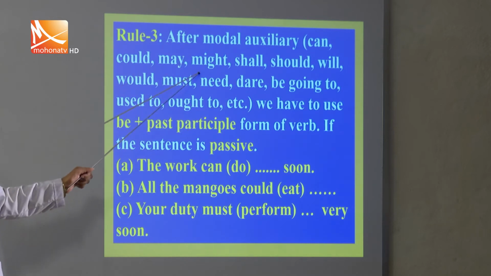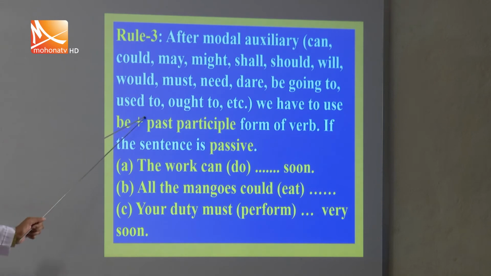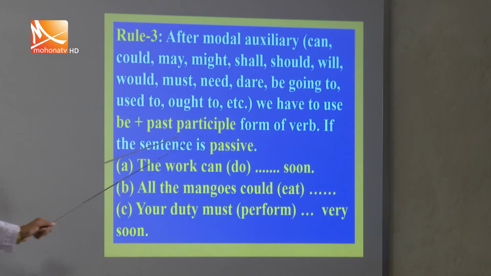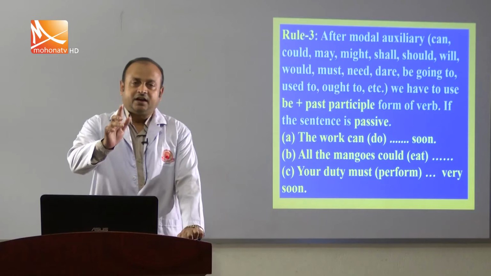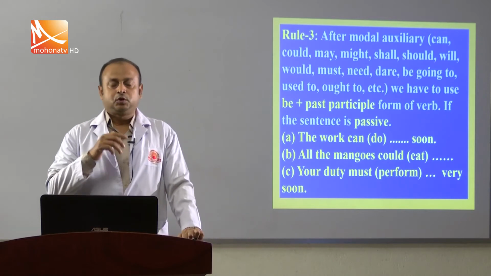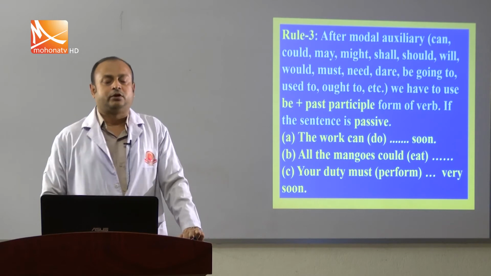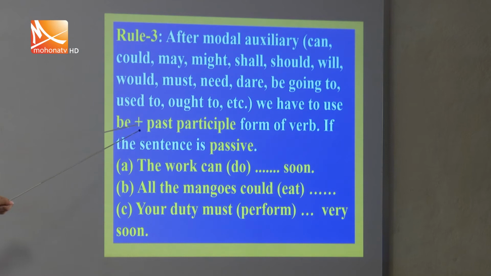After these modal auxiliary verbs, we have to use be plus the past participle form of the verb if the sentence is passive. So, in rule number 2, we used the basic form of verb after a modal auxiliary verb, but now we have to use an extra be, then the past participle form of verb after a modal auxiliary verb.